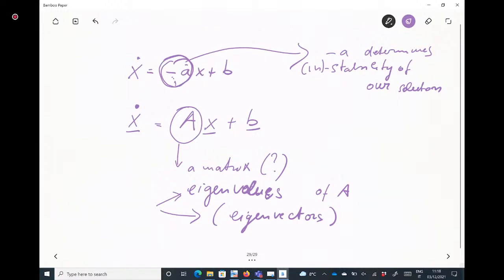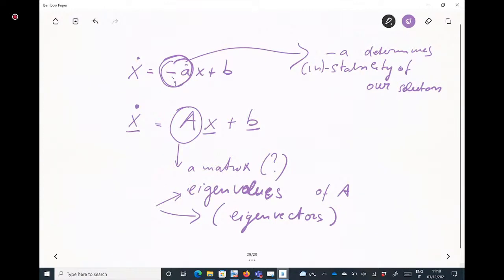Okay? And this is what we are going to do now. I divide this in two steps. Today, I will just show you what are the eigenvalues of a square matrix. Next week, I will use the eigenvalues to write down the solution to a linear system of differential equations.